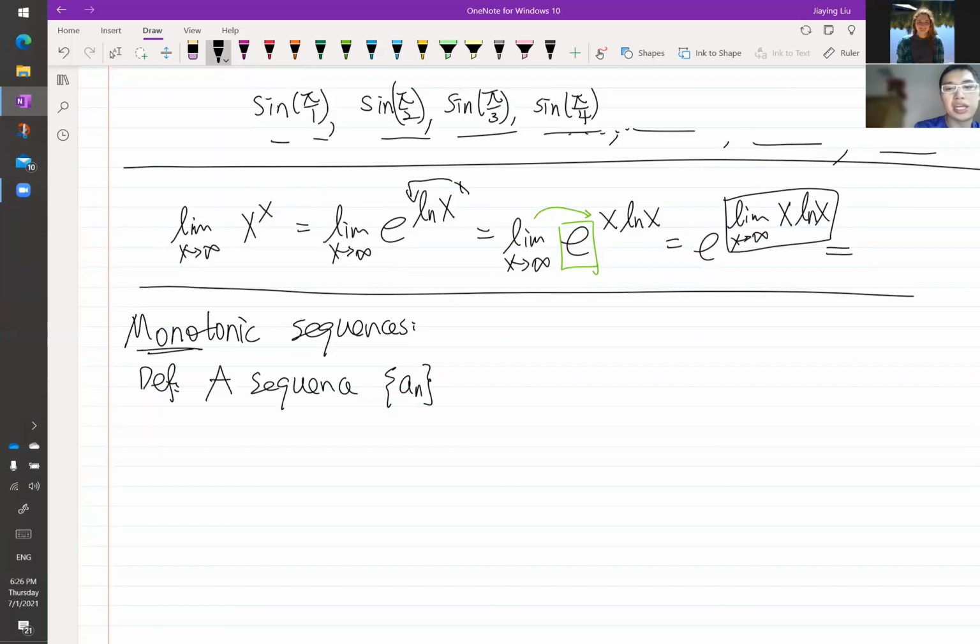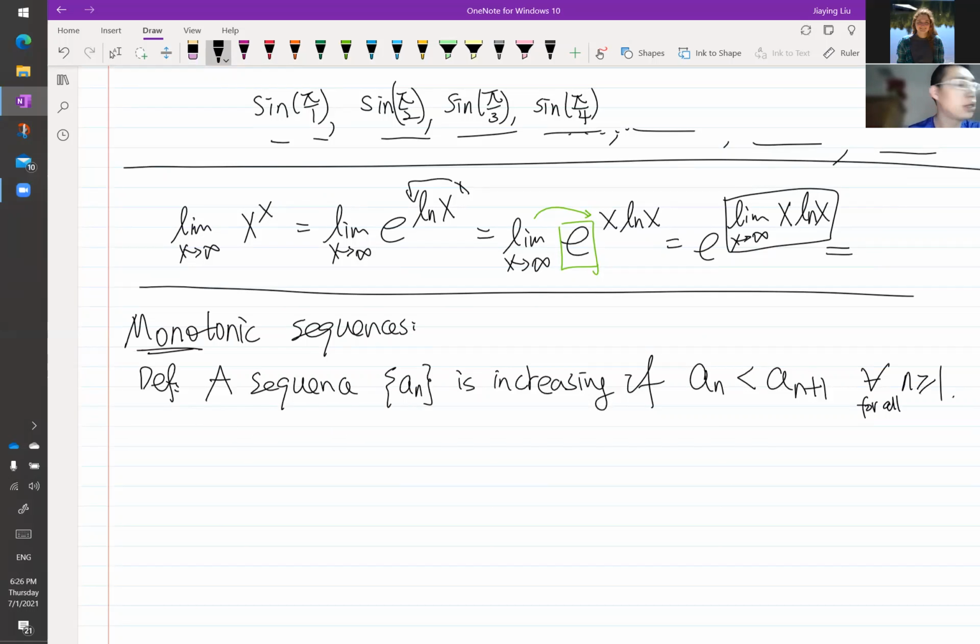Definition: a sequence a_n. I'm not going to write n equals 1 to infinity, but it's there. We call it an increasing sequence if a_n is always less than a_(n+1) for all n greater or equal to 1.